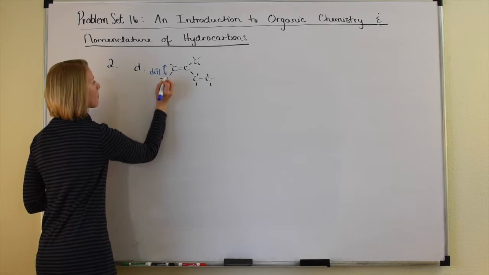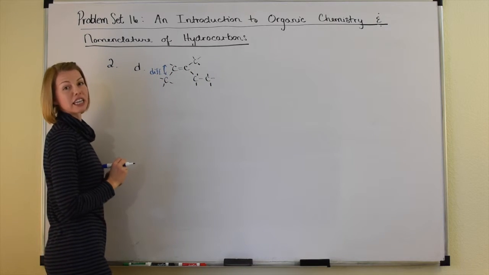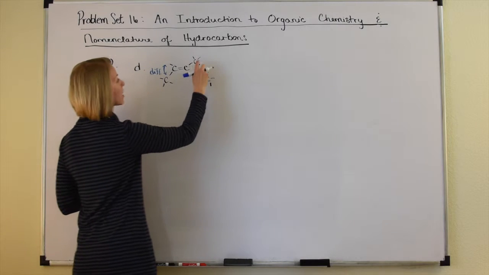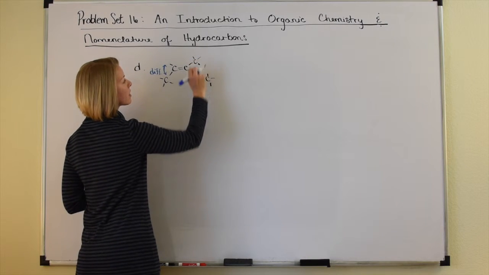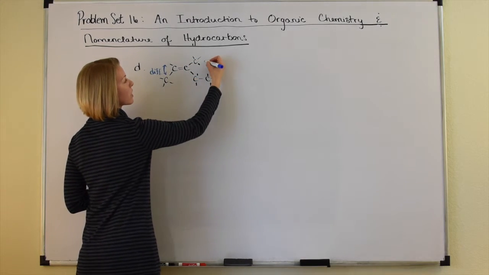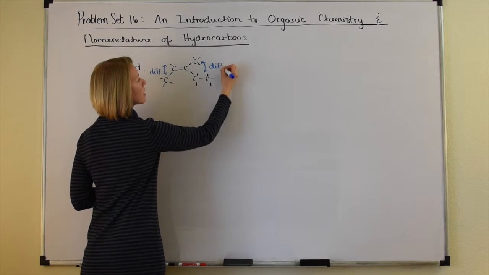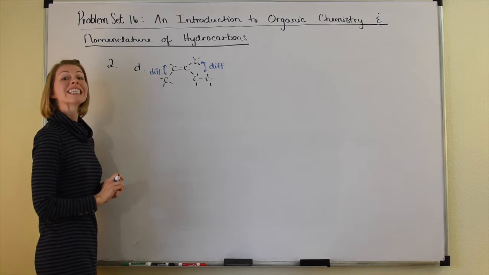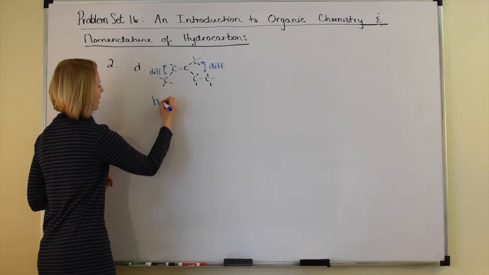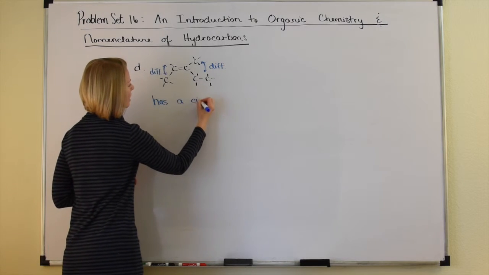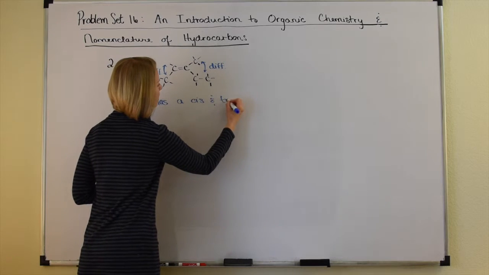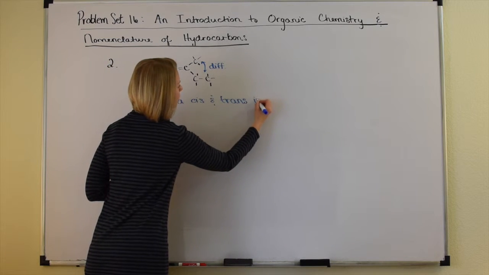Looking at the second carbon that's part of the carbon-carbon double bond, it's attached to a CH3 versus a CH2, CH3. So again, different. Okay, so this has a cis and a trans isomer.